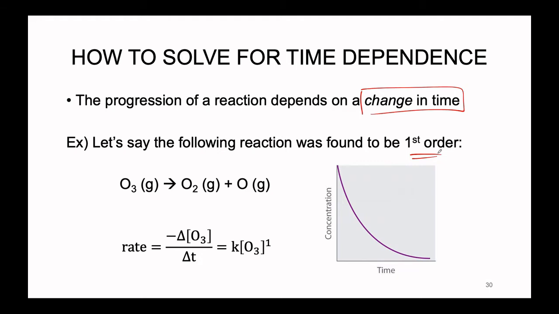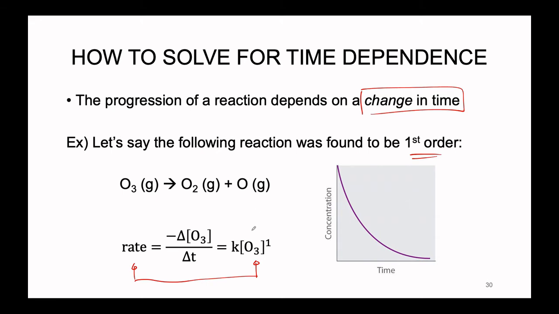Now, this tells us that the concentration of ozone as it decomposes is directly proportional to the rate. Now, this we have seen already. We can see here rate is equal to our rate law expression: k times the concentration of O3 raised to the 1.